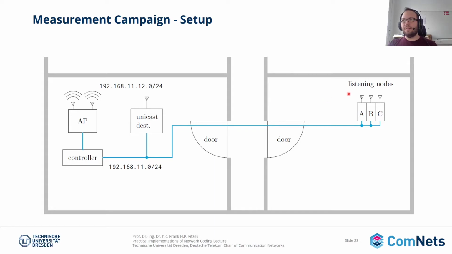We set their network interfaces in promiscuous mode, which means they would listen to every packet on the air. We had a controller which was automating the measurement campaign, and it was also transmitting wireless packets to a unicast destination that was very close to it.